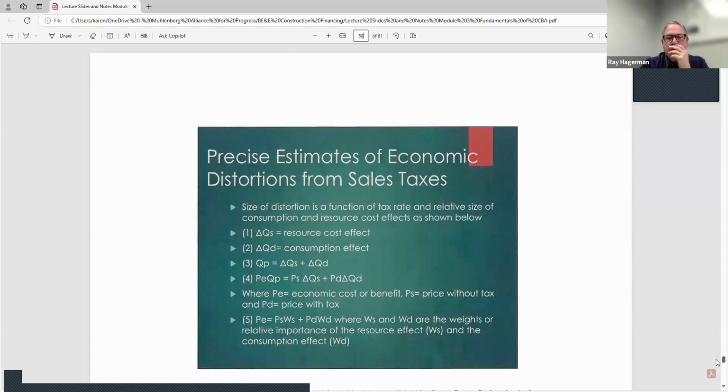Here's a chart that shows you the formulas to precisely estimate economic distortion from sales taxes. If you want to do that, feel free. It might be of some benefit to you in the future.